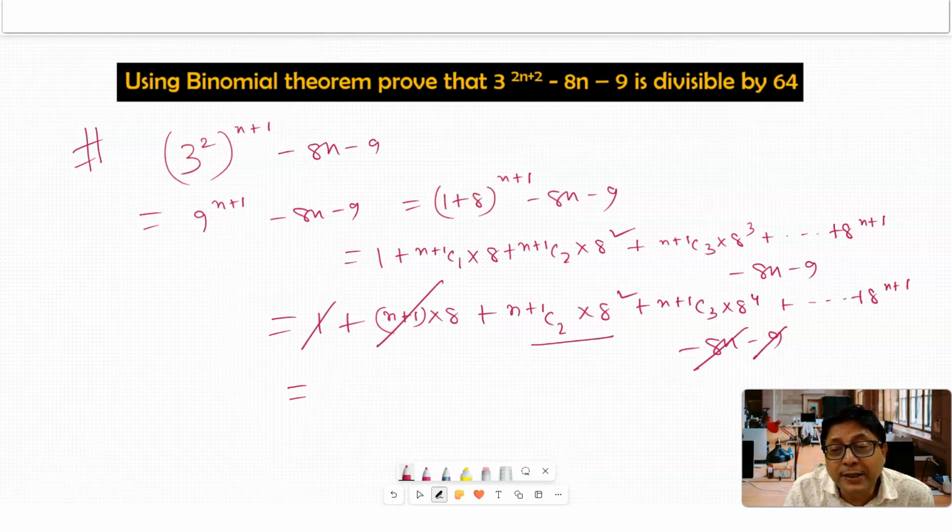And from the remaining terms, you can take 8 square as common from everywhere. n plus 1 c2 plus n plus 1 c3 8 plus and so on, up to 8 to the power n minus 1.